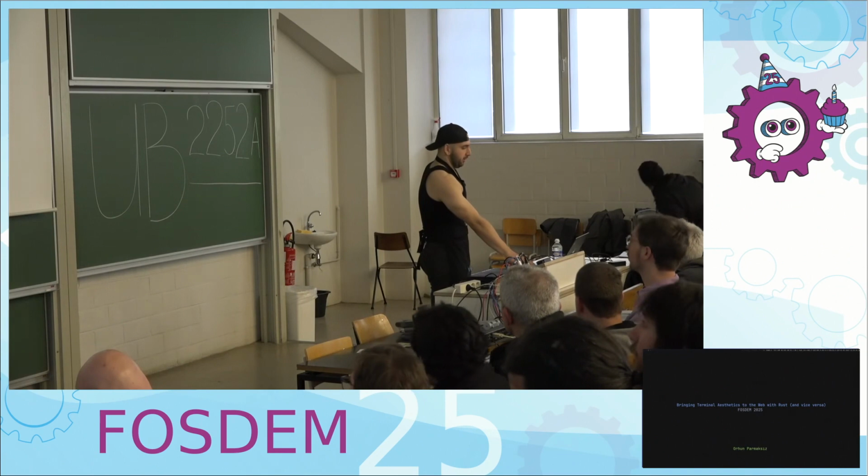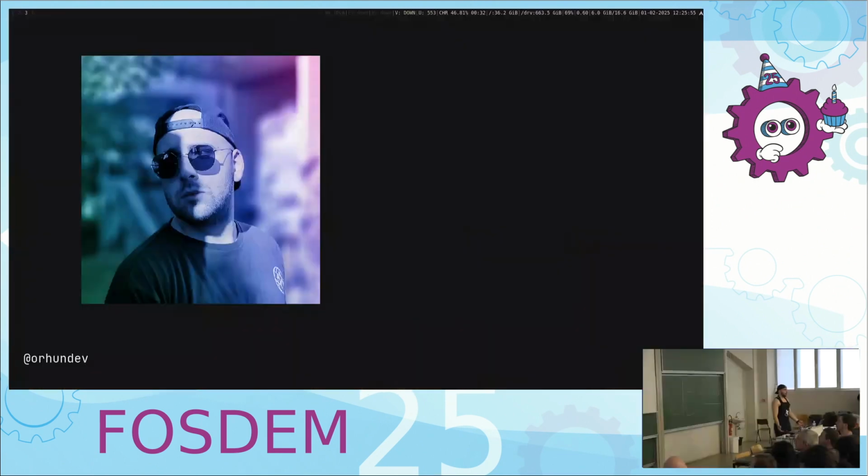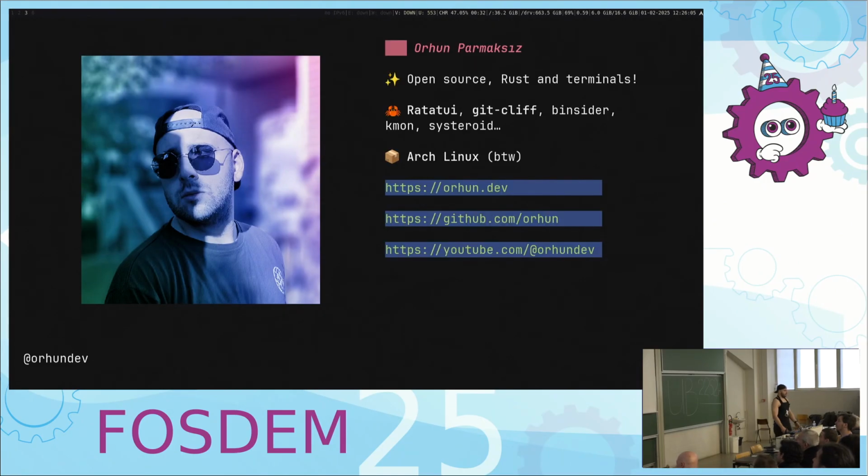Let's see. All right, so who am I and why am I giving this talk? First of all, my name is Orhun Parmaksız, and I've been involved in open source for a couple of years. I've been writing Rust, enjoying that endeavor, and also creating some command line tools, terminal tools, libraries, and so on.